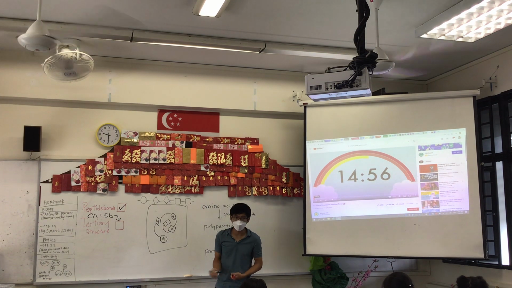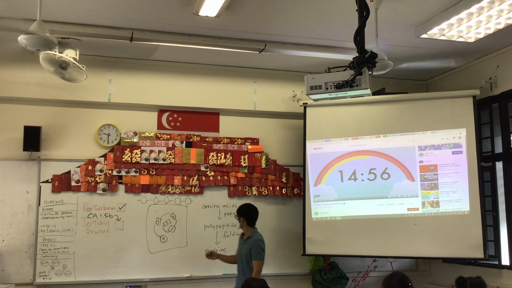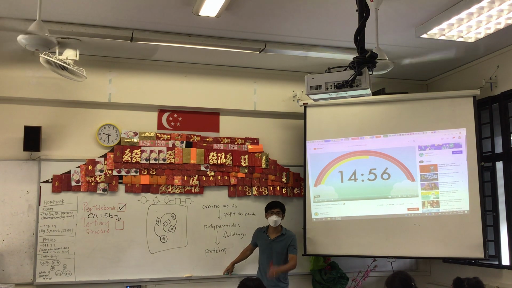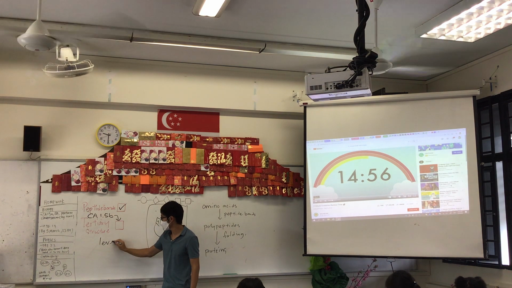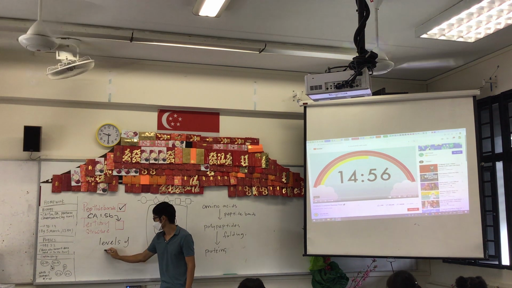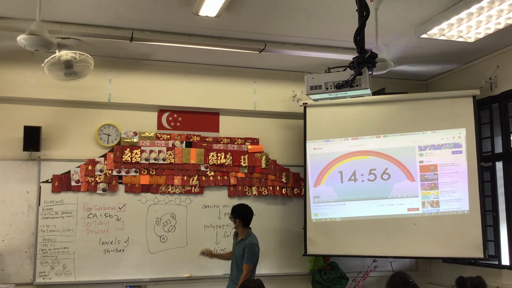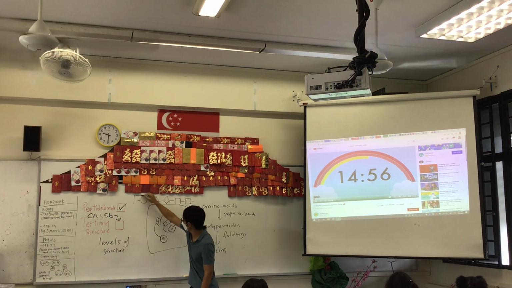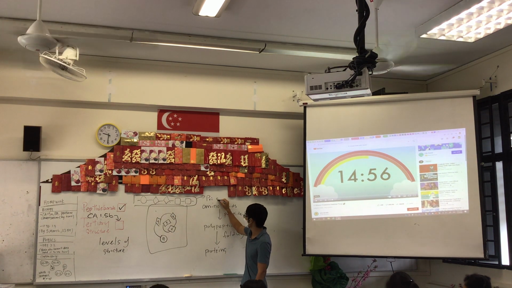Just to elaborate a little bit more, now I'm going to bring in levels of structure of proteins. Proteins have several levels of structure. The very first level of structure we call the primary structure. This over here is what I will call a primary structure.